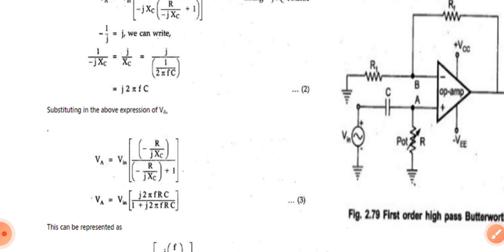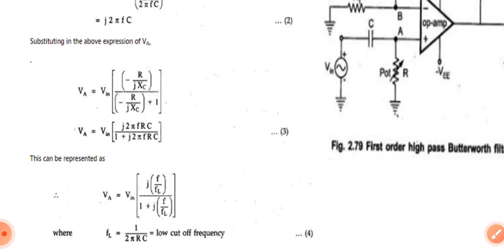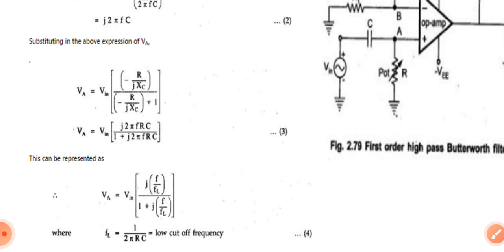J into 2 pi F RC divided by 1 plus J 2 pi F RC, VA equals to that into V in, right? This can be represented as VA equals to V in, J into F by FL, F divided by FL.